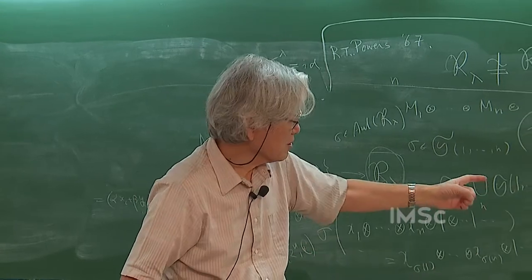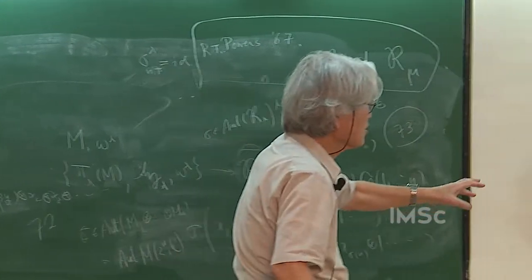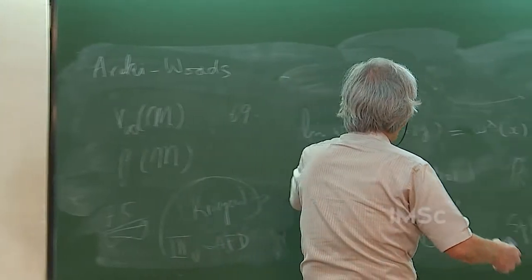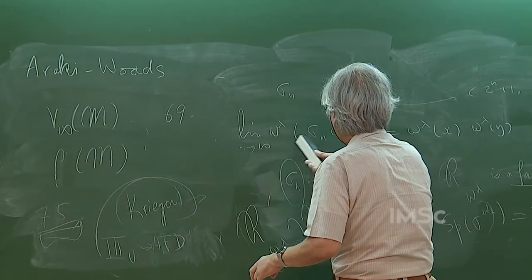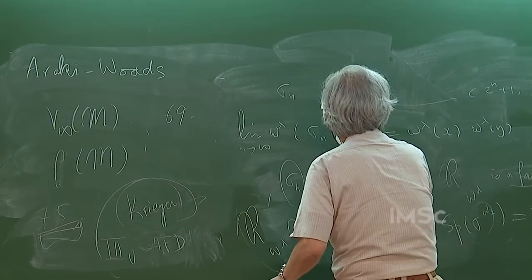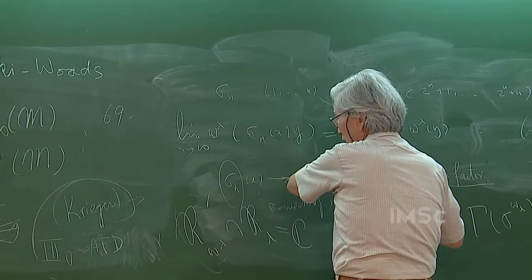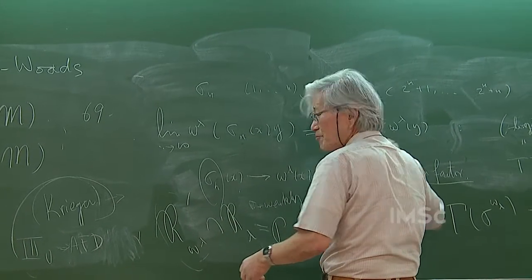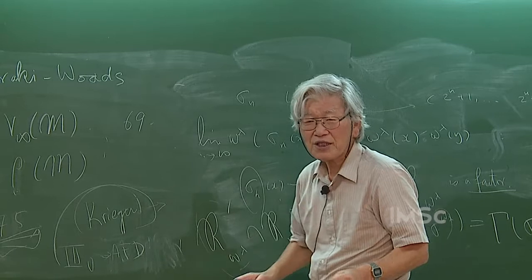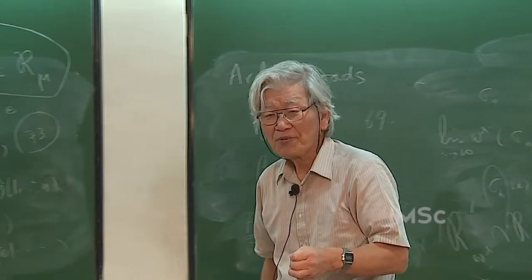For instance, when you move this along this n, then it becomes a product state. Those are called the cluster property.